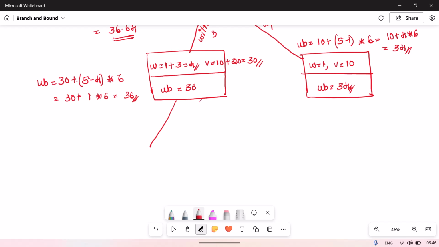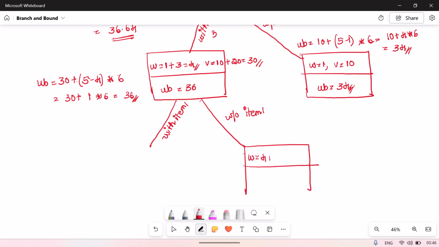Let us move to the next option. This is item 1, without item 1, with item 1, without item. So it goes like this. If it is without, then previous weight only and previous value.